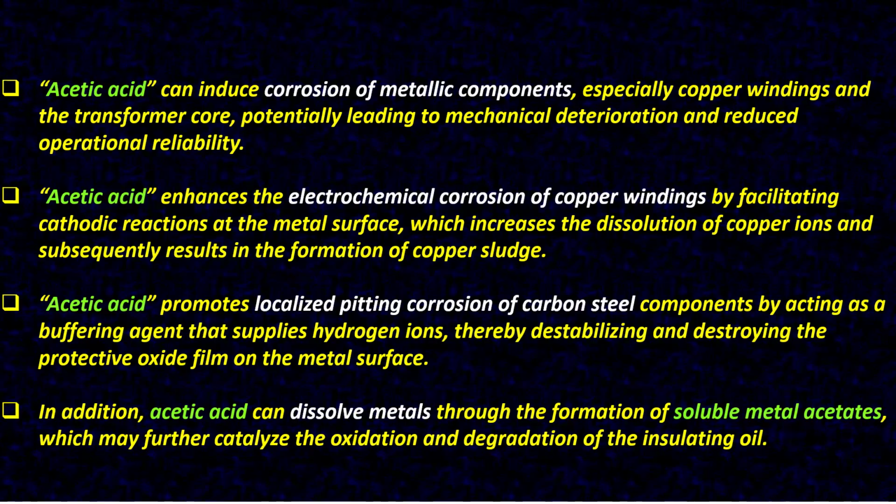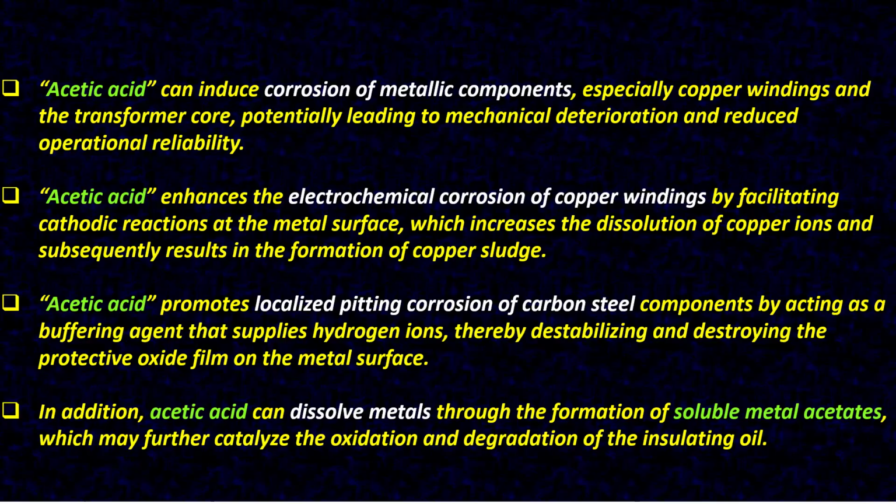Acetic acid enhances the electrochemical corrosion of copper windings by facilitating cathodic reactions at the metal surface, which increases the dissolution of copper ions and subsequently results in the formation of copper sludge.